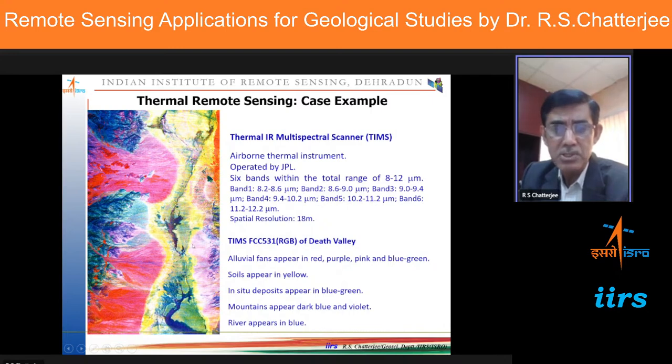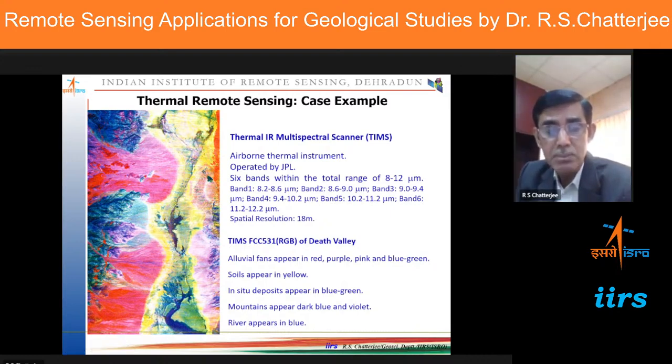Now you see in this FCC image of the multispectral thermal image, you see color, isn't it? Different colors for different materials, different landforms. Why? Because different materials have different composition, different compactness, different inertia, and therefore they have different temperature. And because of this different temperature, they are sensitive in different wavelength regions.